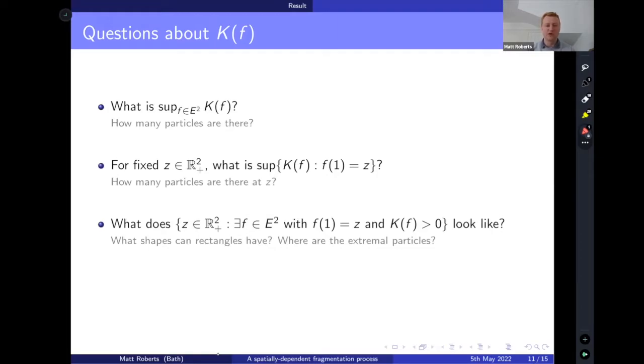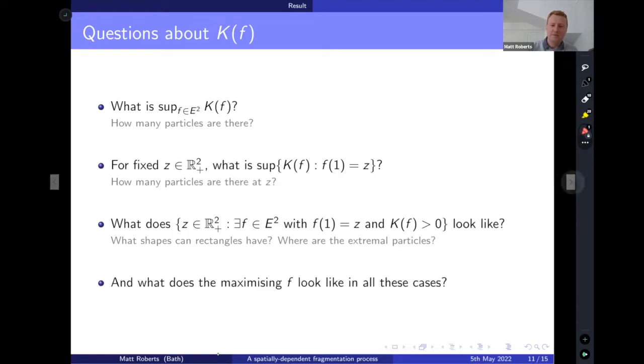That corresponds to what shapes rectangles can have, basically, or in other words, the boundary of that set would be where the extremal particles are. So it's not as simple as having a rightmost particle anymore because we're in 2 dimensions, but this is the corresponding question. And in all these cases, you can ask, what does the maximizing f look like? And yeah, we haven't answered all these questions. We haven't answered any of these questions.